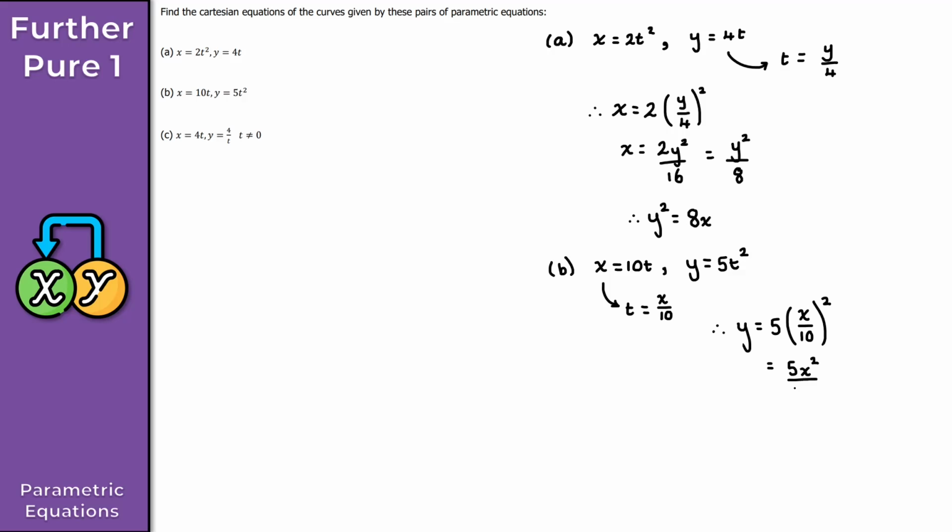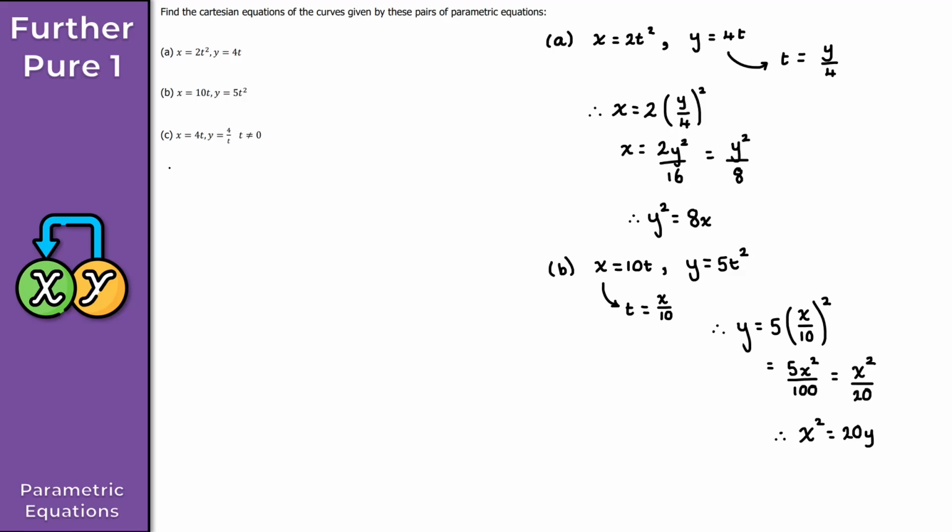Clearly we could simplify this to give us x squared over 20. It might look a little bit neater if we times through by 20. So what I get is x squared is equal to 20y. That gives us the solution to part B.